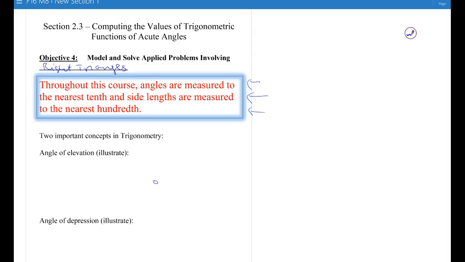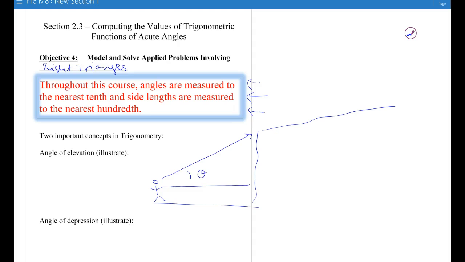An angle of elevation, if you're a little person standing here, and there's a big cliff here, and you're looking up at it, this angle is called the angle of elevation. What's the angle you would have to tilt your head through to be able to look at the top of the cliff? And then the angle of depression would be, what if you were standing at the top of a cliff and looking down, then we'd have the angle of depression.